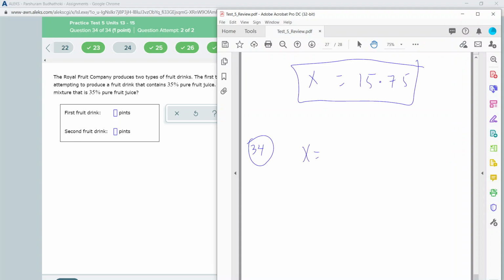One is x, let's say the amount of the first fruit drink, and y is the amount of the second fruit drink. The unit of these amounts is pints. So x pints, y pints.